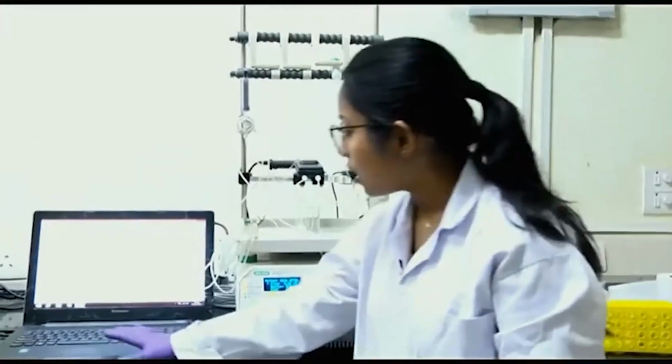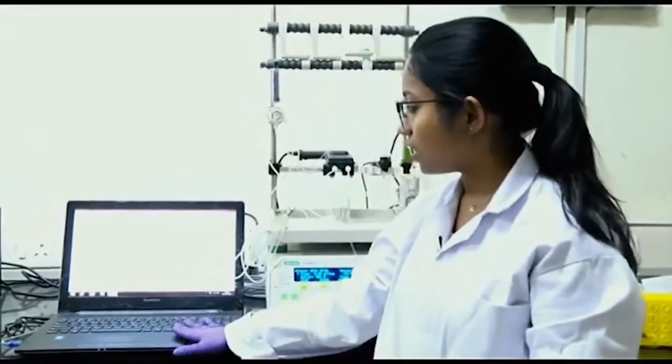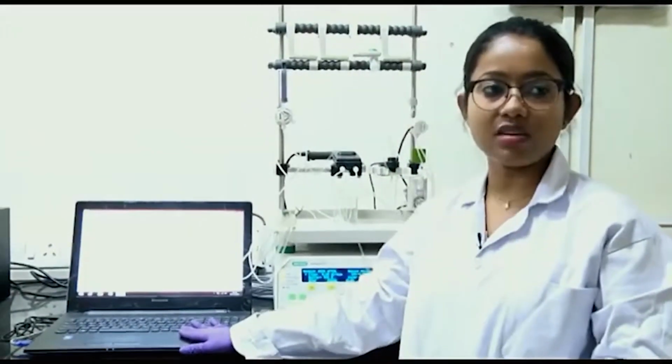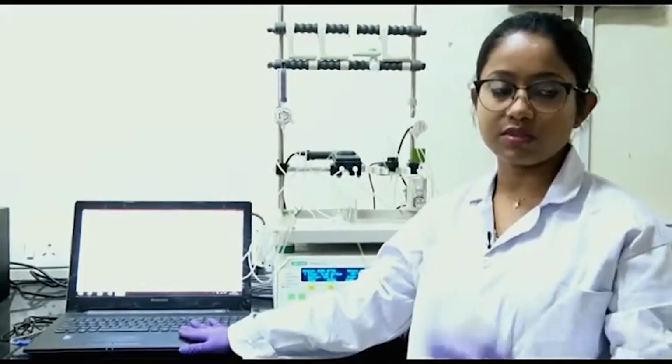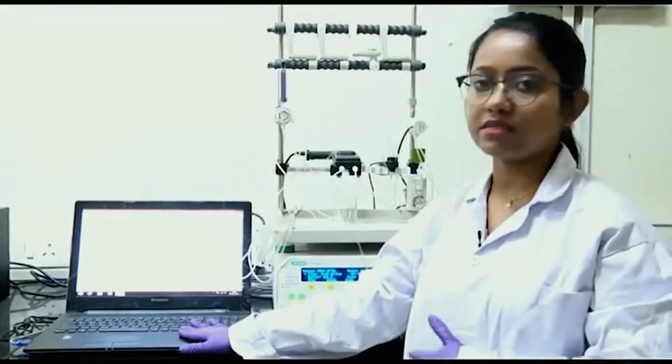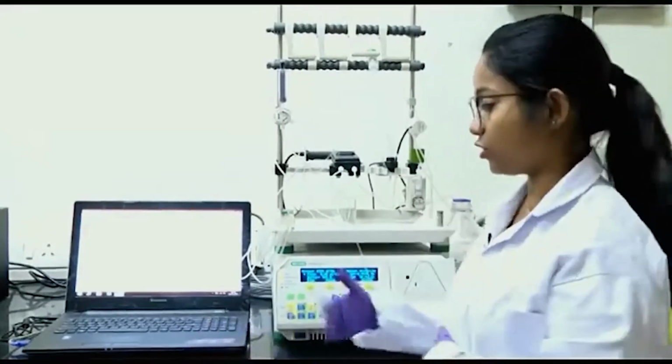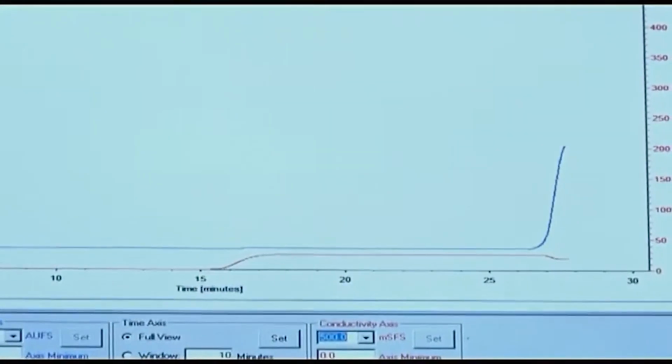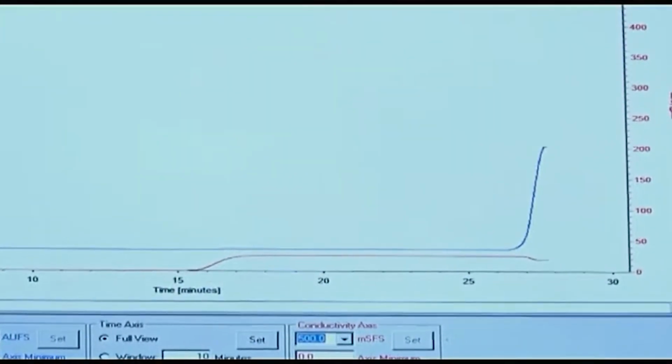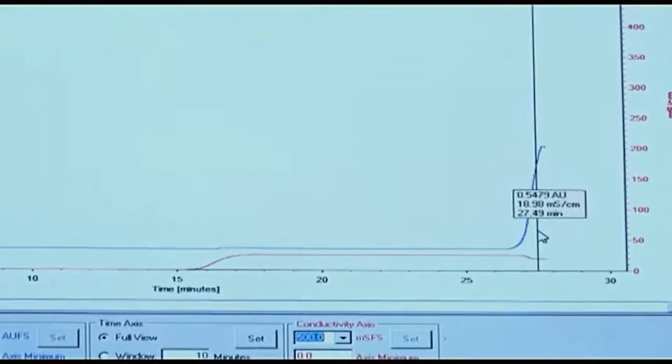I will monitor here when the other proteins come out and it gets stabilized. We will again see a flat line, then I will start the elution protocol, which I will show you later. Now, you can see in the monitor the blue line is going up. As I mentioned earlier, the blue line denotes the absorbance detector.